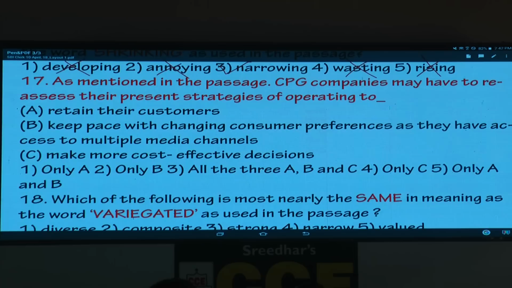Whether you read the passage or not, common sense, you can tell yourself, all the three are important for the business. So what is the answer here? The third option, all the three, A, B, and C. For this, you don't have to read the passage. This passage, though it looks complicated, in my opinion, is very easy to get 6 marks, beyond any doubt. Okay.